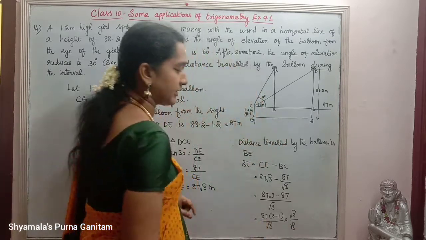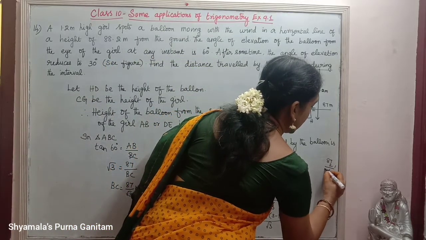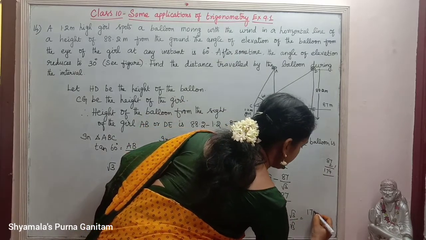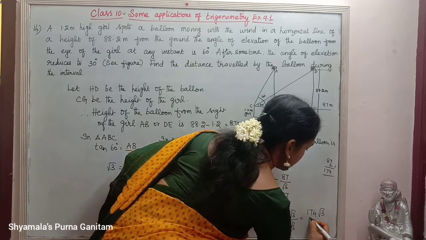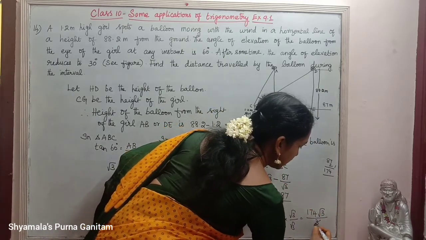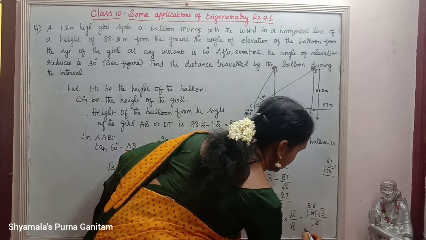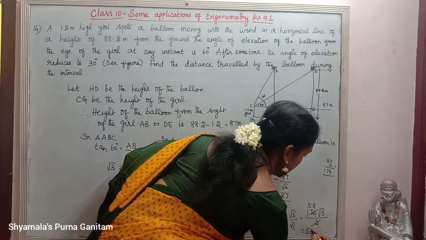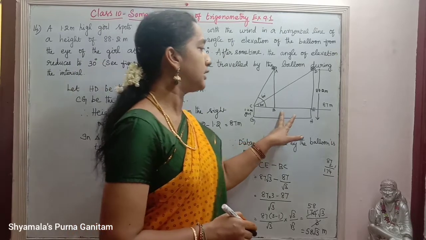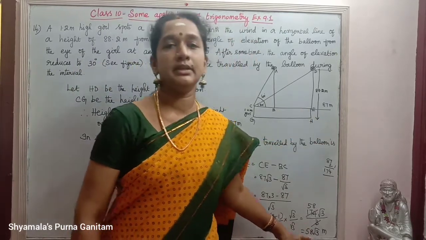So this is 87 into 2, that is 174 root 3 by 3. When we simplify this, the answer is 58 root 3 meter. So this is the distance travelled by the balloon, that is the distance BE, 58 root 3 meter.